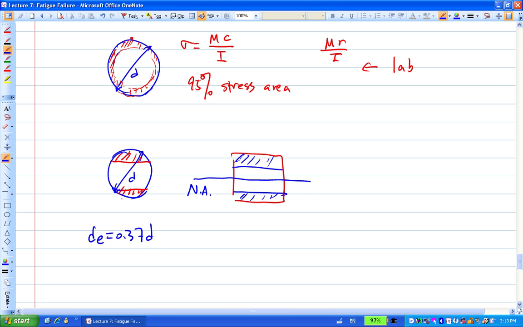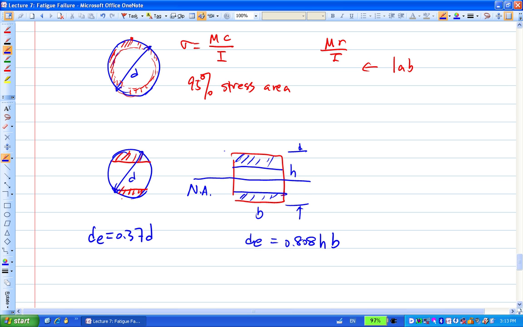For a rectangular section, if one dimension is B and the other is H, then the DE will be 0.808 times the square root of HB. You use this for the calculation of KB.